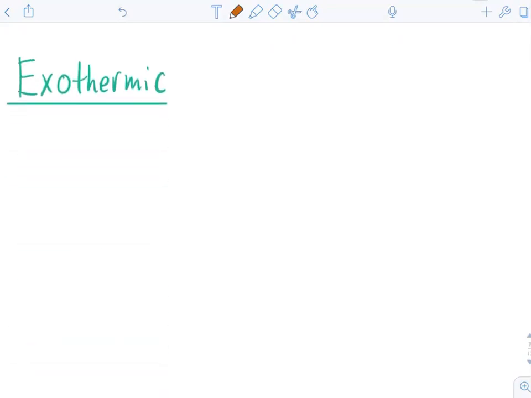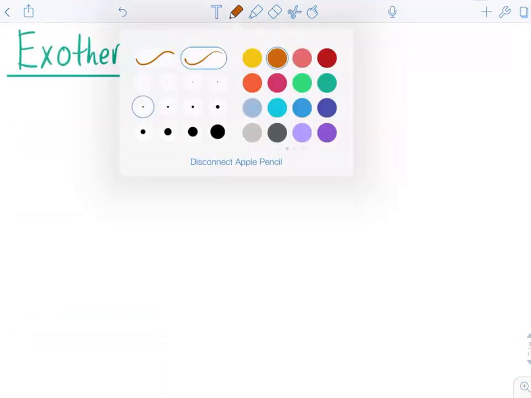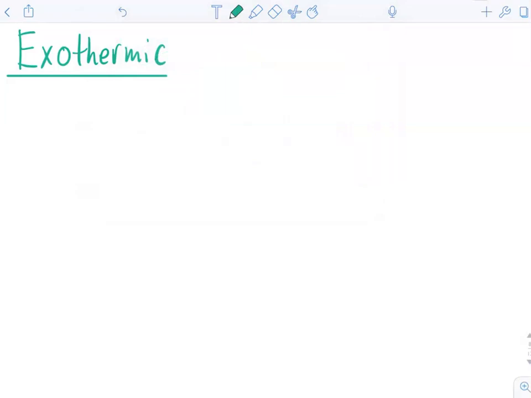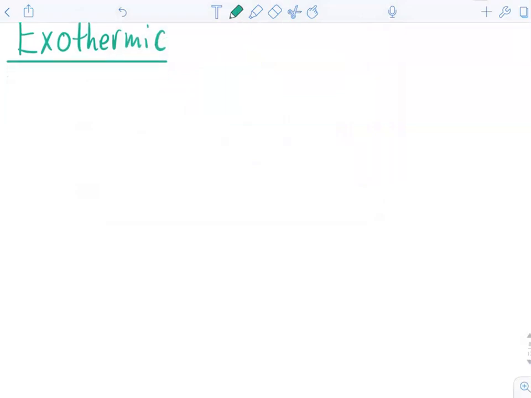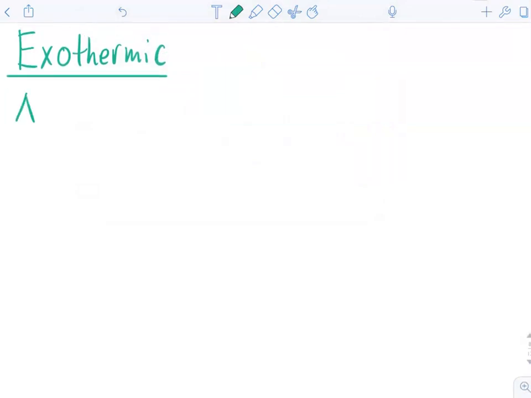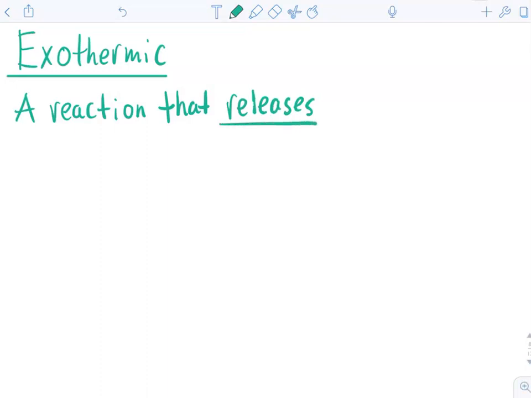So for example, exothermic. So an exothermic reaction is a reaction that releases energy as heat, meaning hot.